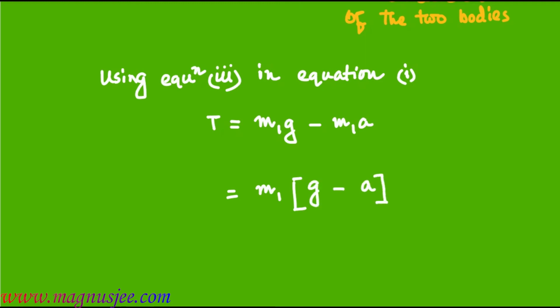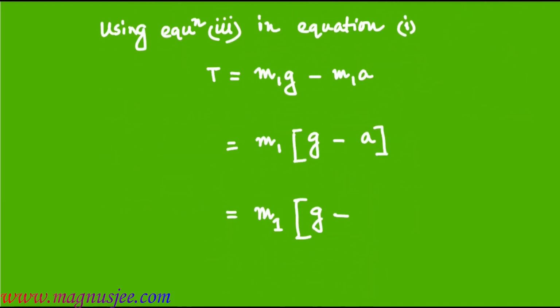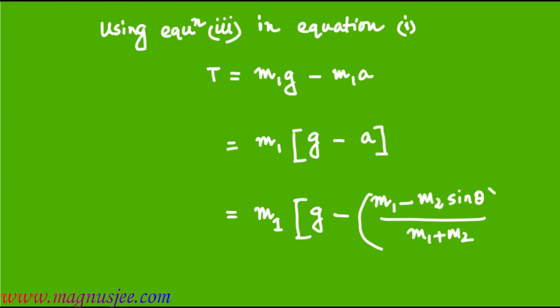Now putting the expression of acceleration a from equation 3, m1 bracket g minus under bracket m1 minus m2 sine theta whole divided by m1 plus m2 bracket closed into g, small g.